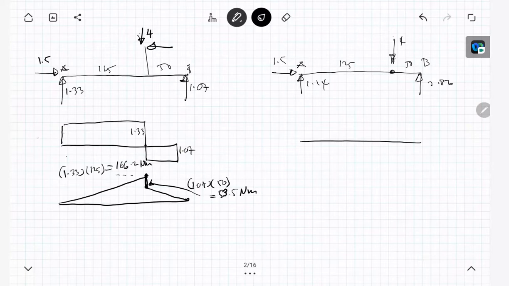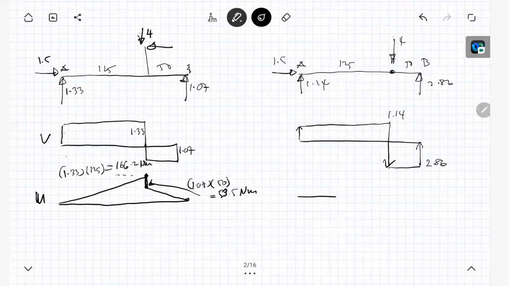So this shear diagram, this moment diagram, bending moment. So for this one, 1.14 times... 1.14 here, then okay, should be 1.14, then this is 2.86.